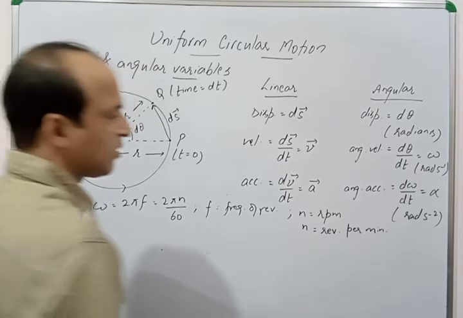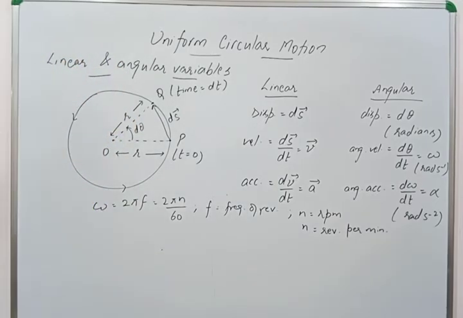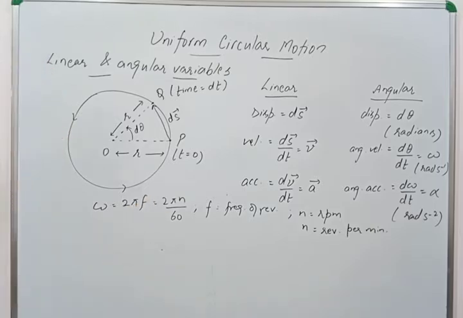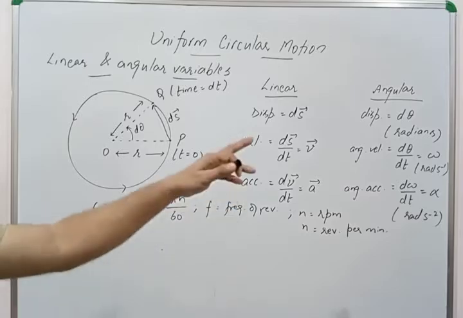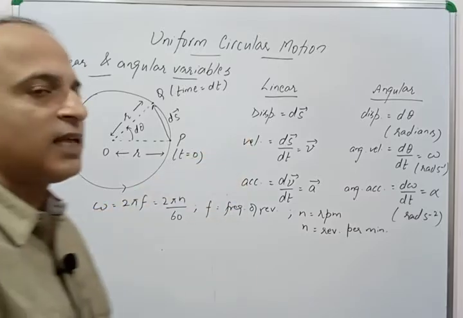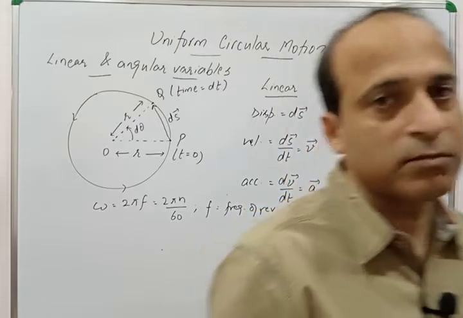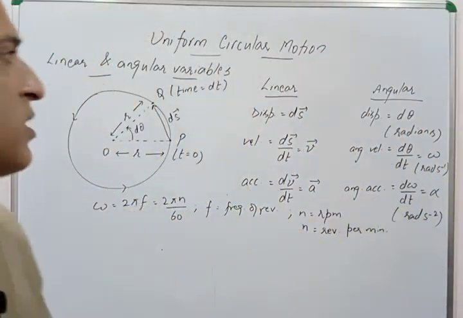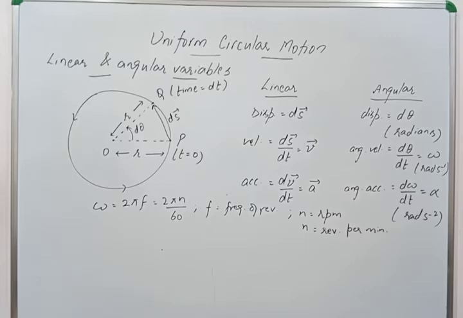So if you are given revolutions per minute, use 2 pi n by 60 to find omega. If you are given a frequency of revolutions, say 20 per second, put 20 in place of f and obtain the angular velocity or angular speed. And if you know the angle turned in a given time, you can use d theta by dt.